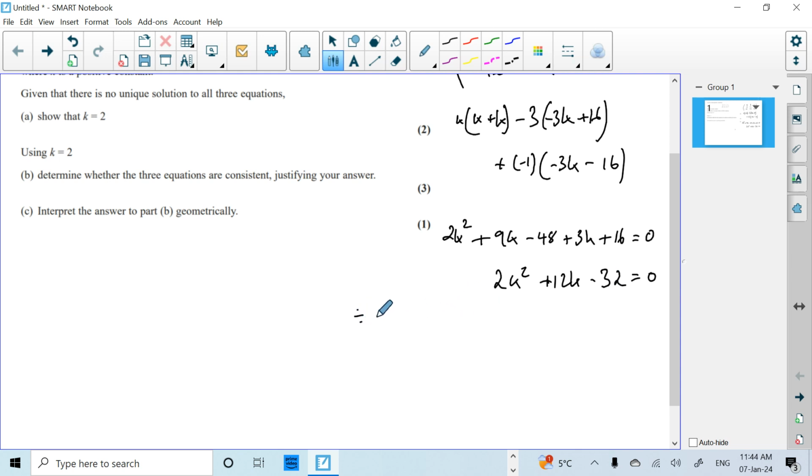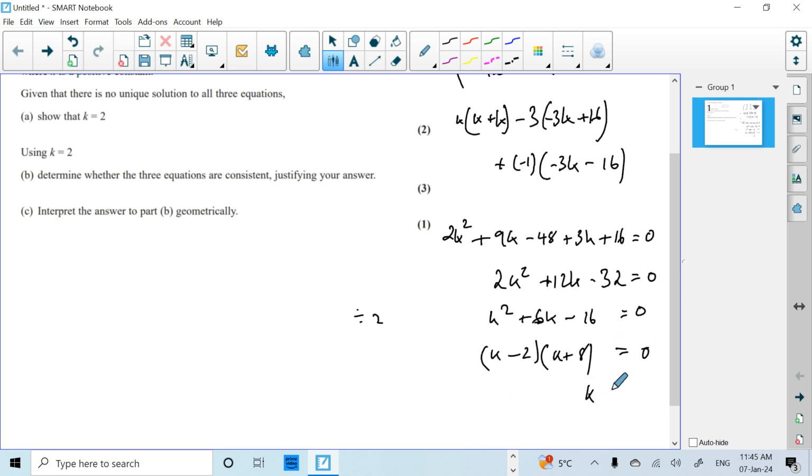So, just to say what I'm doing, divide through by 2, that factorizes into k squared plus 6k minus 16 equals 0. And that factorizes nicely because factors of 16 are 8 and 2. So I've got k minus 2 and k plus 8. Yeah, that should be okay. So k minus 2 and k plus 8 is equal to 0.